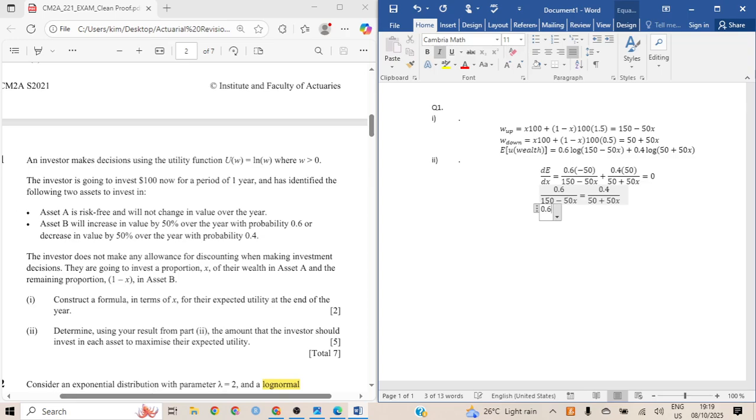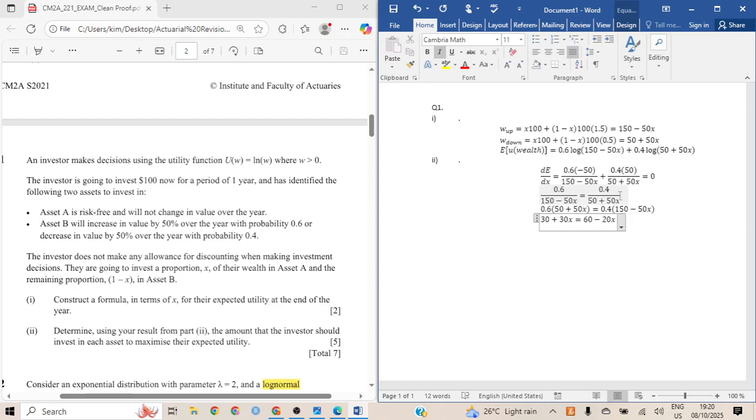Cross multiplying, we have 0.6 into 50 plus 50x equals 0.4 multiplied by 150 minus 50x. So this is 30 plus 30x equals 60 minus 20x.